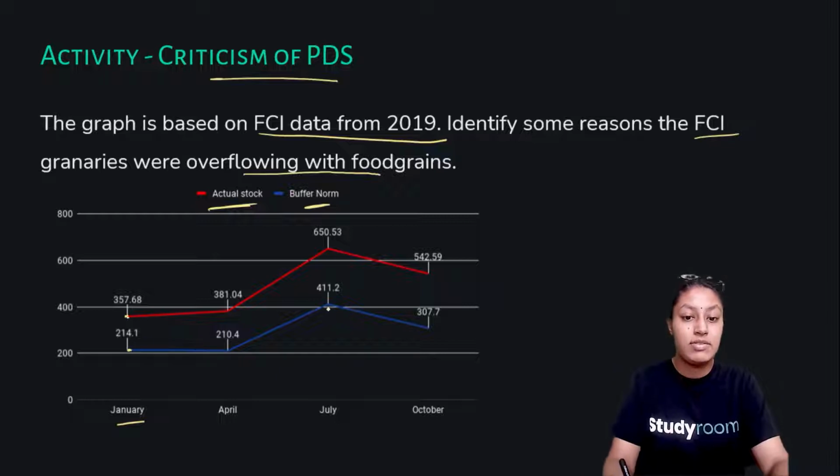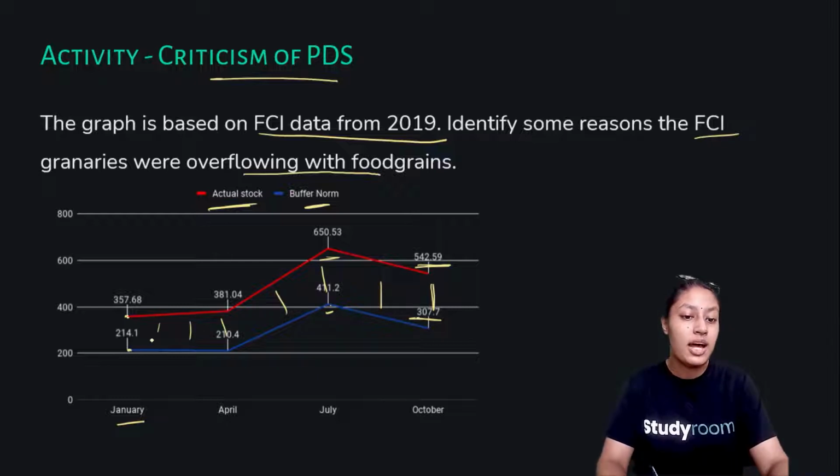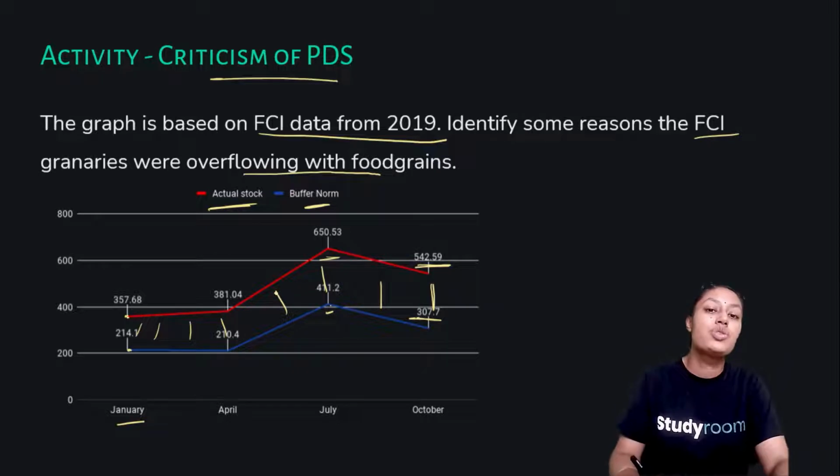Then we have a requirement of 411 and an actual stock of 650. By October we have 542, but the required amount was only 307. So we see a massive difference all the time between the norm and the actual stock.